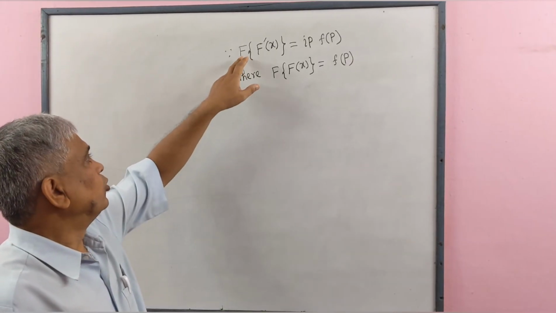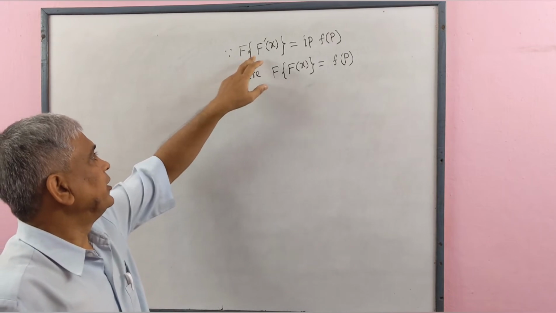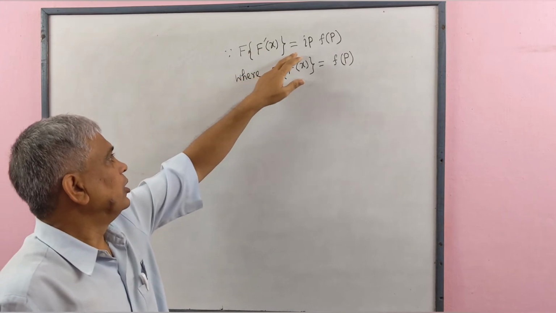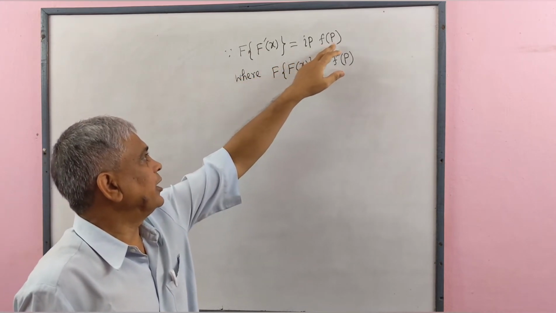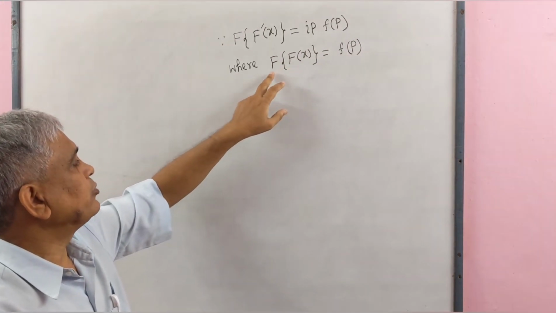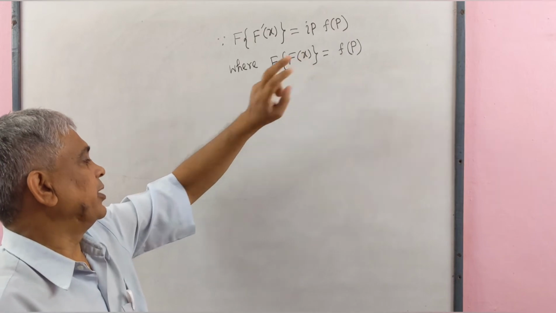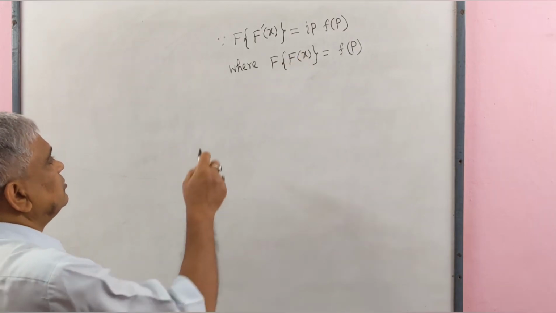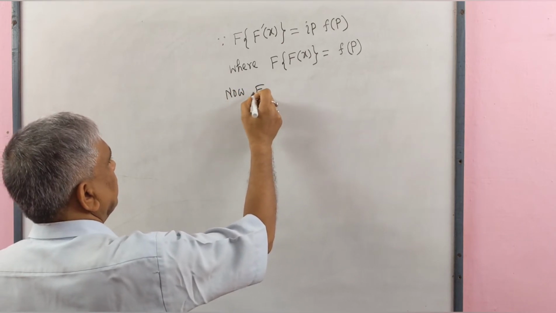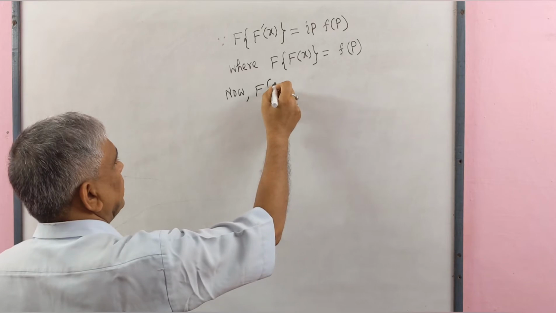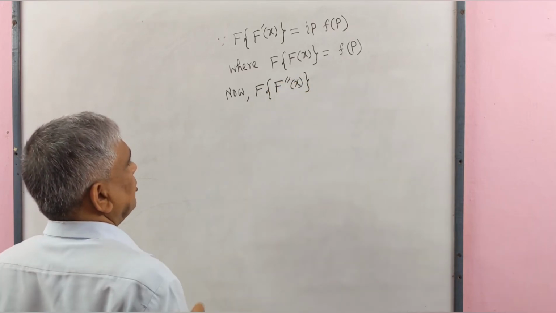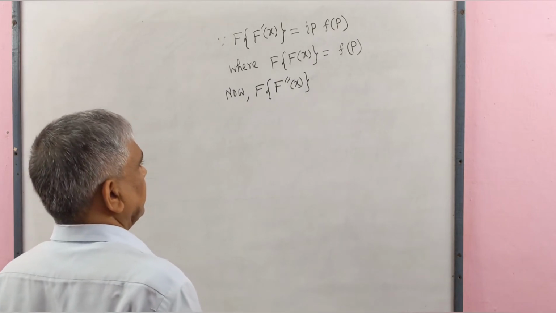Since the Fourier transformation of the derivative of f(x), that is f dash x, equals ip F(p), where F(p) is the Fourier transformation of f(x). Now the Fourier transformation of f double dash x means the Fourier transformation of the second derivative of f(x).